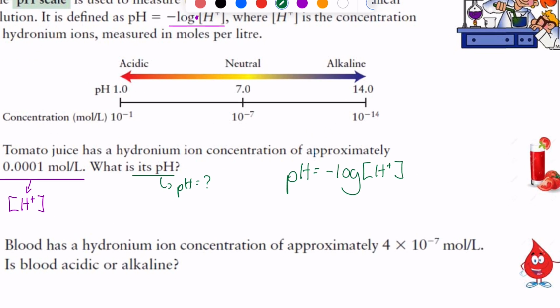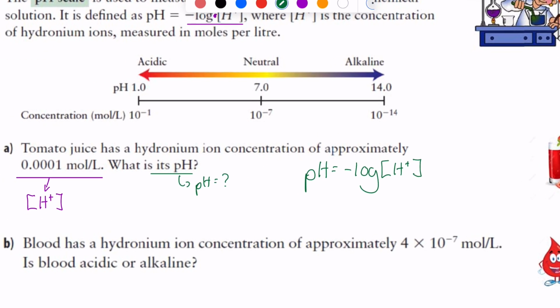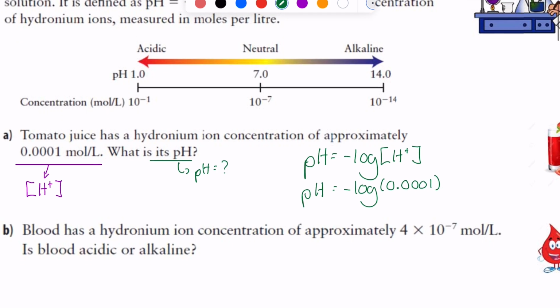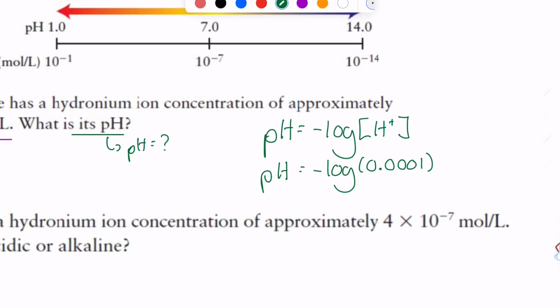So now just plug in the known and solve for pH. pH, the power of hydrogen, would be negative log of the concentration of hydrogen, so that would be negative log 0.0001. If you take your calculator and type that in, it's going to give you an answer of 4.